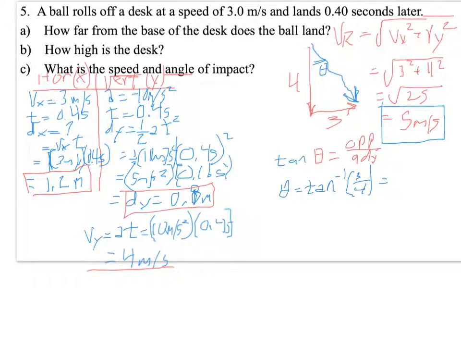If we plug that into our calculator, we get 36.86. We'll just call that 37. That is a 3 and that is a 7. 37 degrees from the vertical.